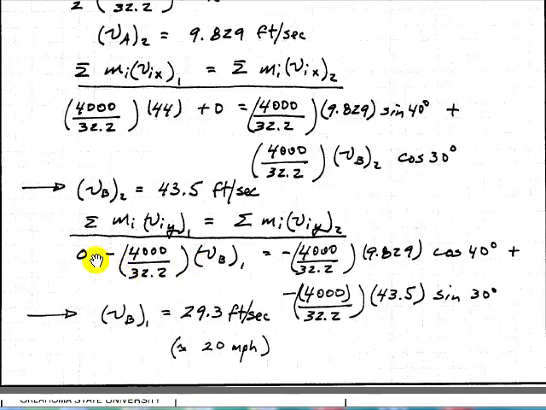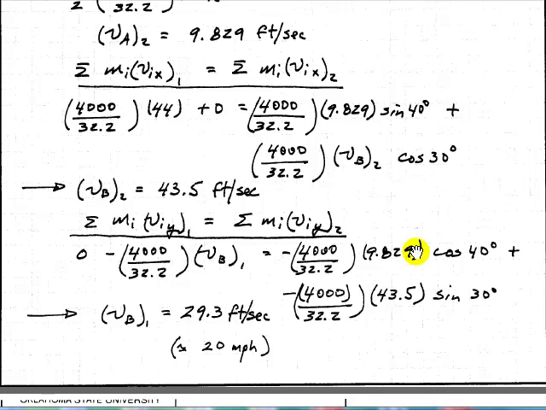We do need to pay attention to our signs. Okay, so this is the momentum of car B before impact, and then the y direction momentum of car A and B after impact, both negative, would be an mv cosine of 40 degrees and an mv, and we had already solved for that v just a moment ago, times the sine of 30 degrees.